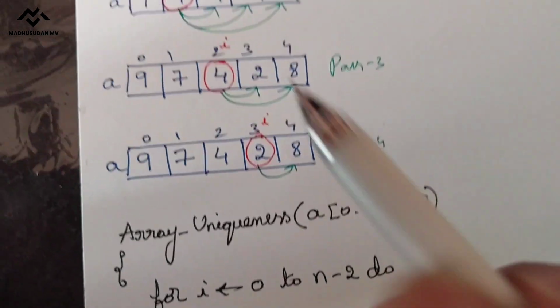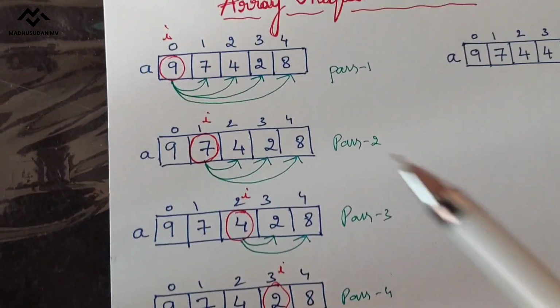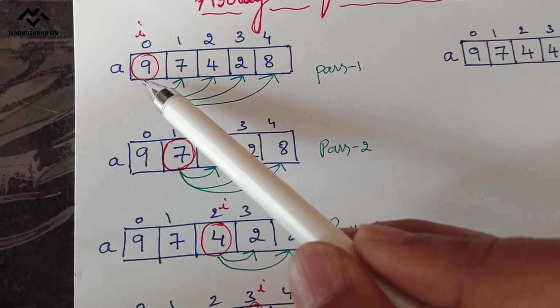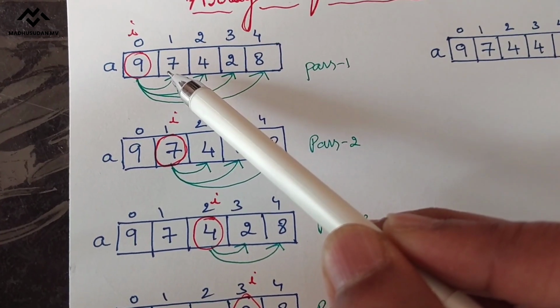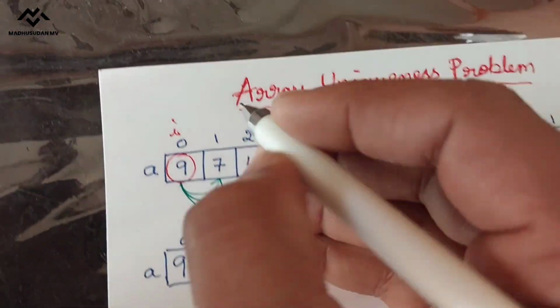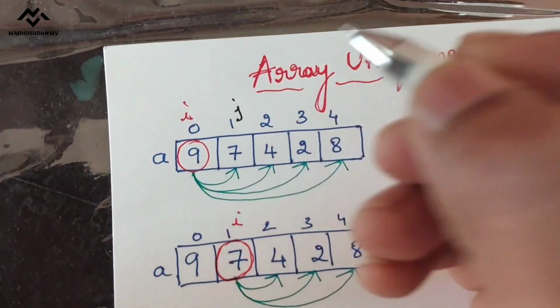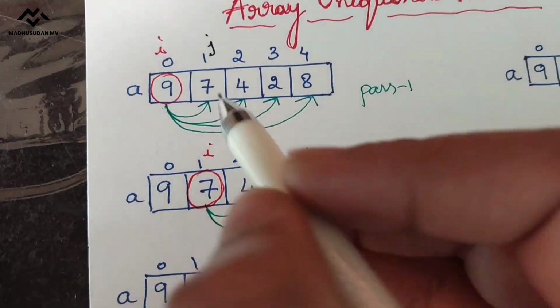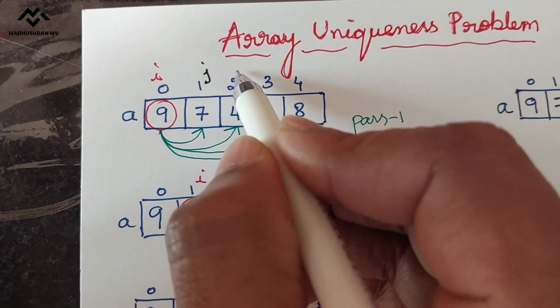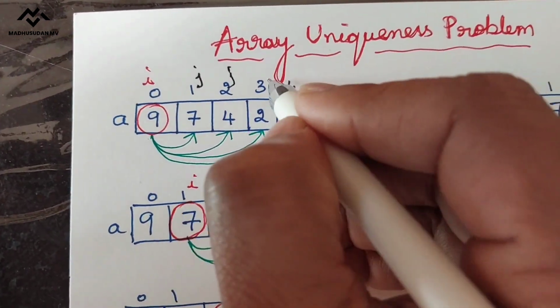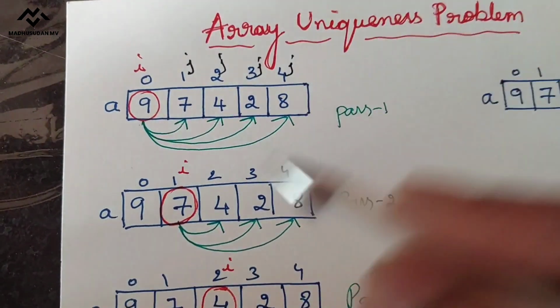After selecting, I compared the selected item with the next element. For the comparisons I will take J. I compared this element, then this element, then this position element.